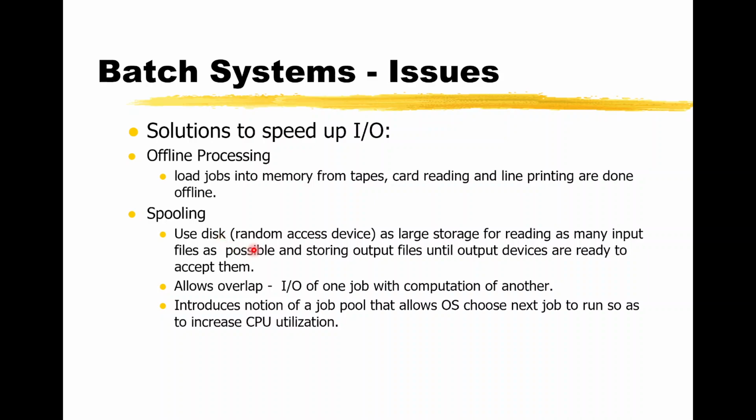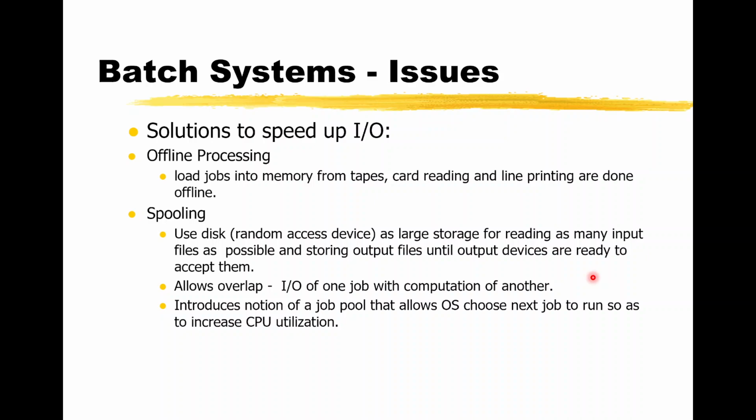you could have a job pool, lots of jobs stored on a disk. Lots of inputs are stored on that disk, and that disk will be read as it spins. As the storage device is being read, the input is being gotten, and then the output is written, processed, and given to the output devices, like printed.